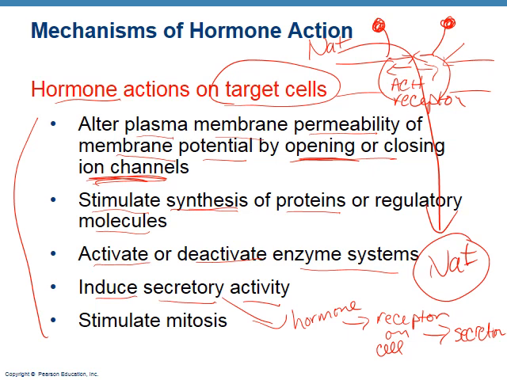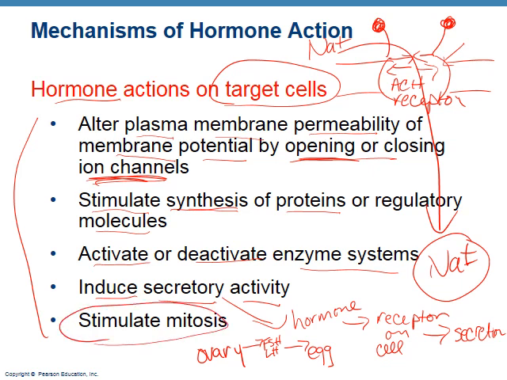So a hormone can bind to a receptor on a cell and have that cell undergo secretion. You could also think of the ovary in this case, right? If it helps, because we've probably heard of this before. So what happens with the ovary? The ovary is going to have hormones that are going to bind it, and those hormones are going to cause the egg to be secreted from the ovary.